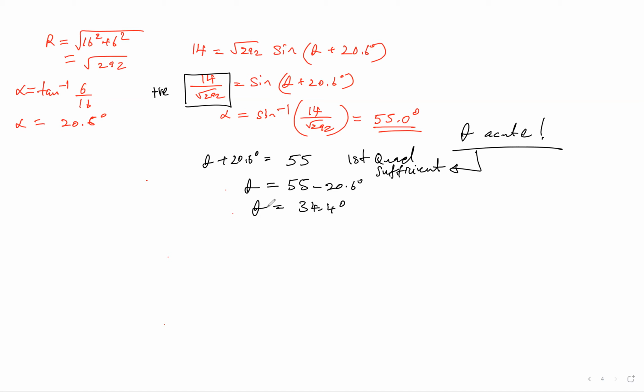Mr. Silver, I thought it's 16 sine theta plus 6 cosine theta equals the square root 292 sine theta plus 20.6. Yes, correct.